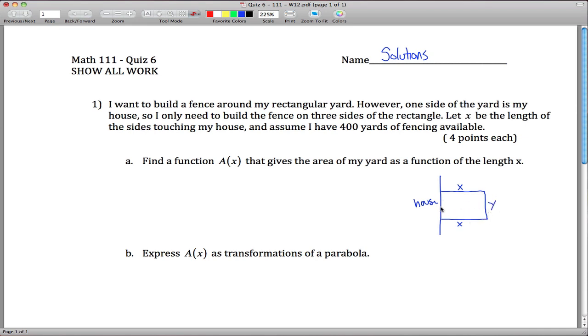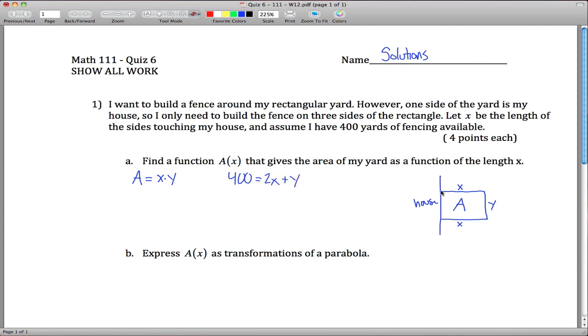So this is the picture you want to have in mind, and we want to know a function for the area. We want area as a function of x. The way we do that is you can think about area as x times y, and we have this constraint that 400 is equal to 2x plus y.